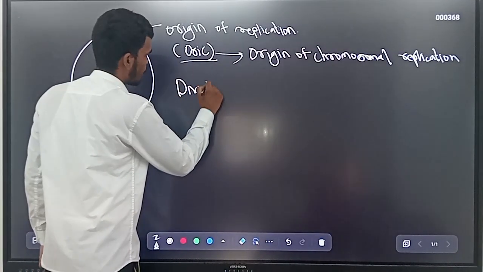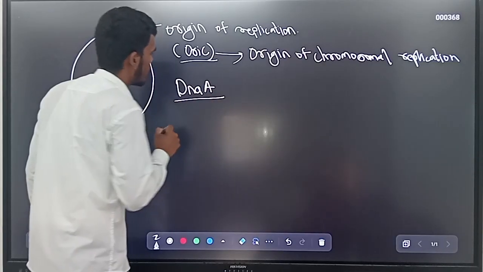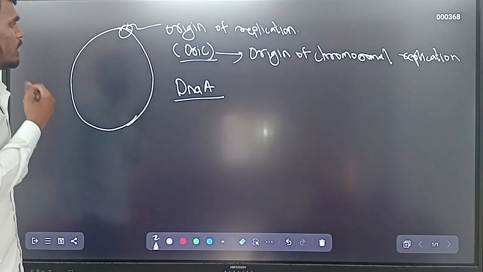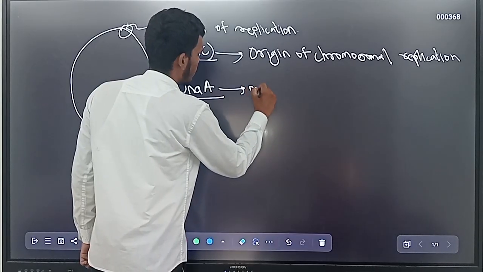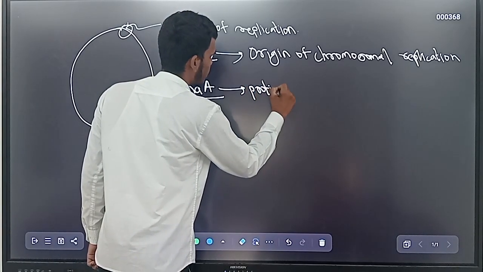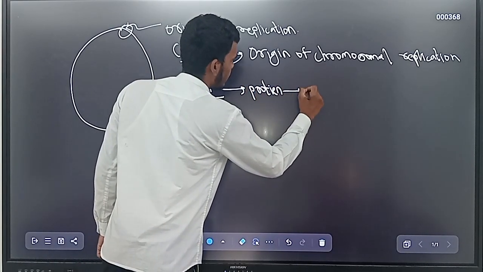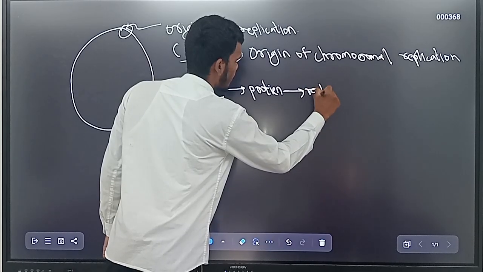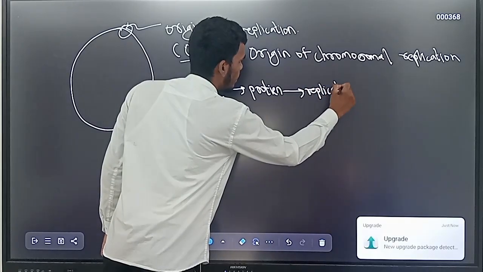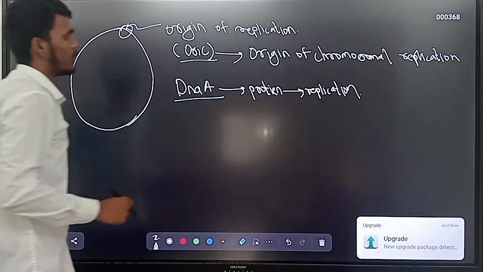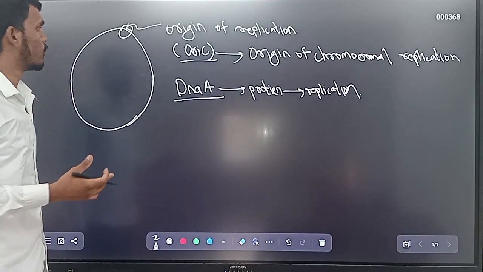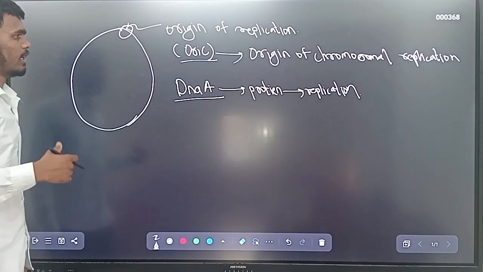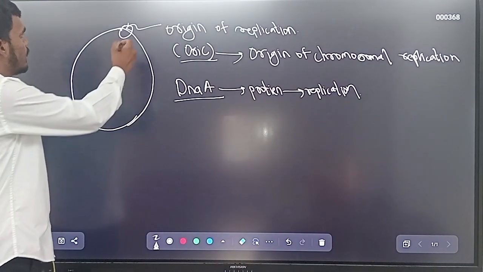This point is of high significance, because there are always some questions from it in CSIR NET as well as in the GATE exam. In books you will find this point denoted by OriC, or origin of replication. So what is OriC?